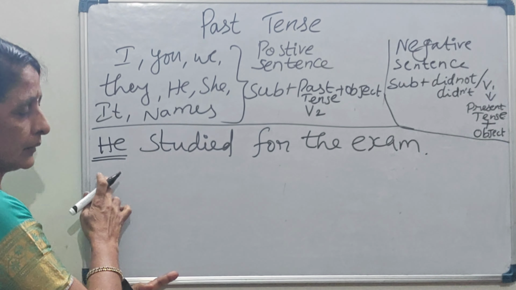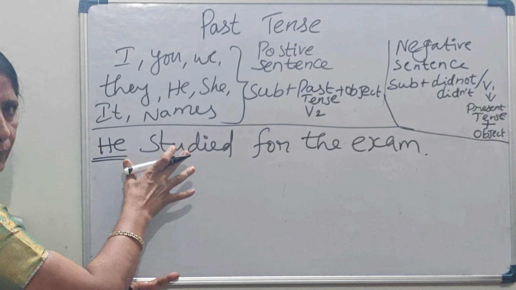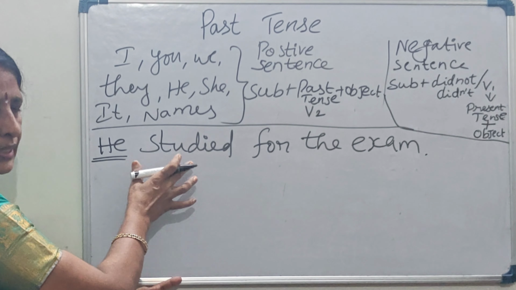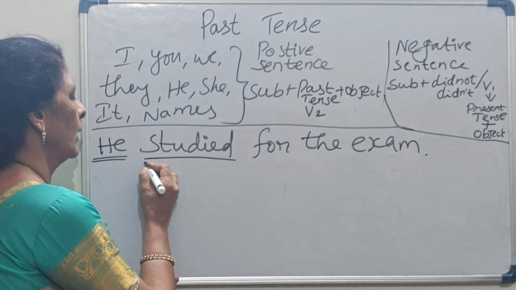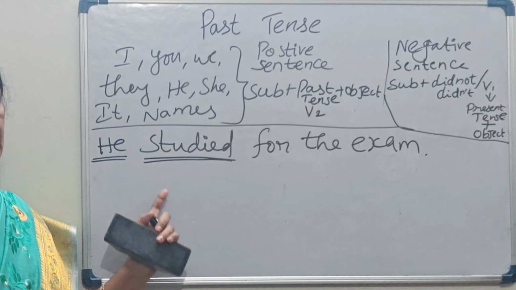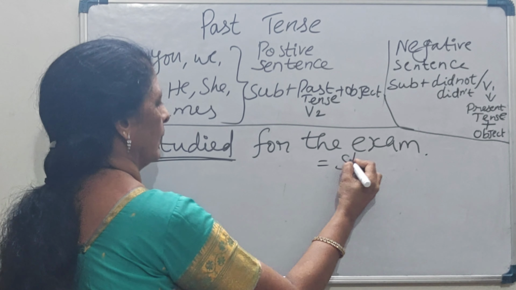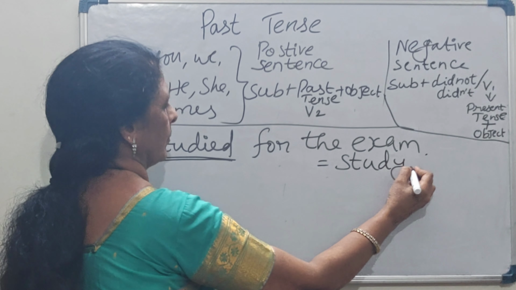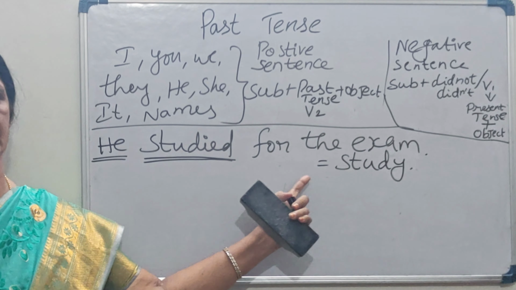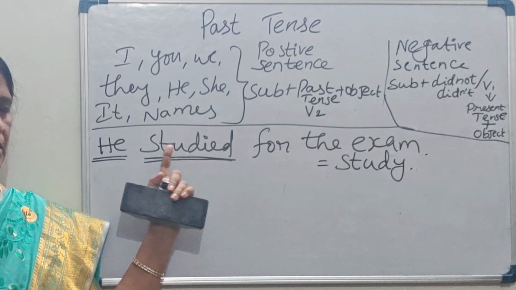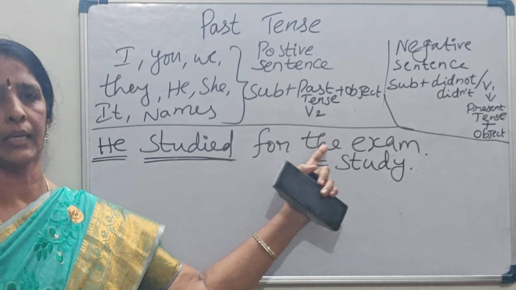We have to write the subject. Then we have to see whether it is a positive or negative sentence. This is a positive sentence, so we have to write only the verb in past tense, V2. The verb here is study. Studied is past tense. He studied for the exam.